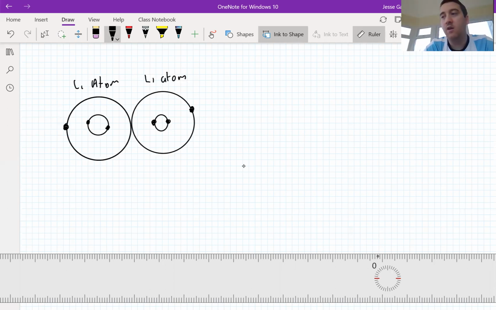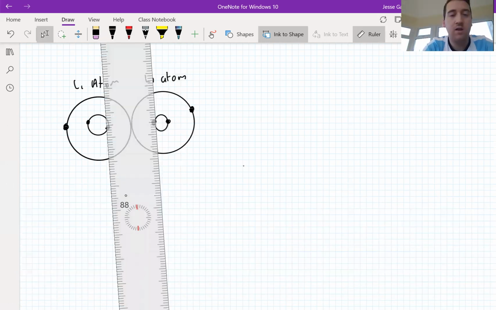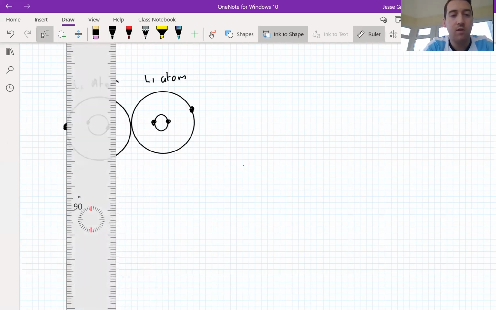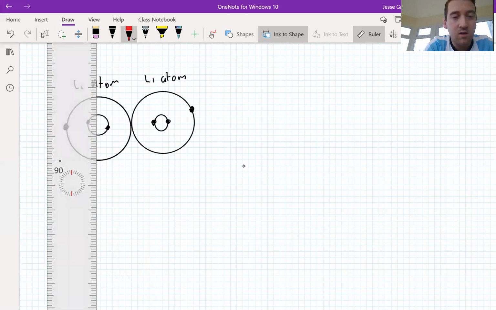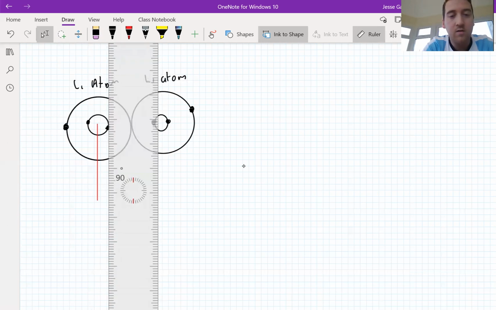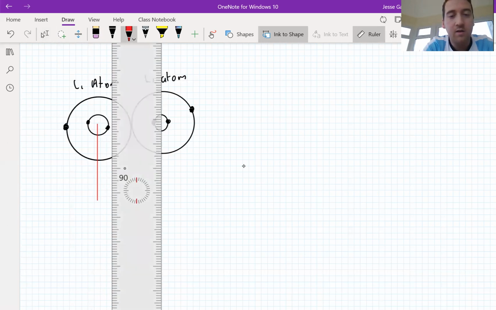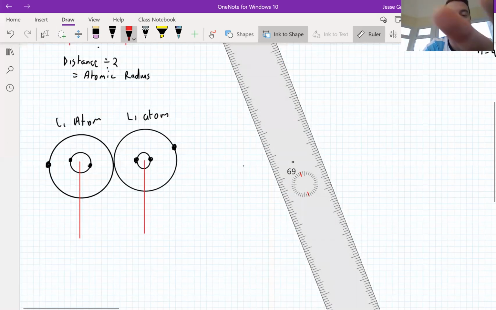And the key thing here is, remember, if we wanted to know the atomic radius here, we would go from the nucleus of each one. We would measure the distance between the 2 nuclei. So from here to here would be the atomic radius. Oops, sorry.